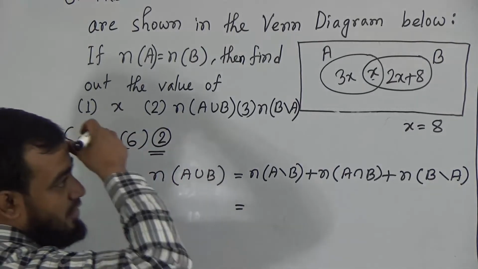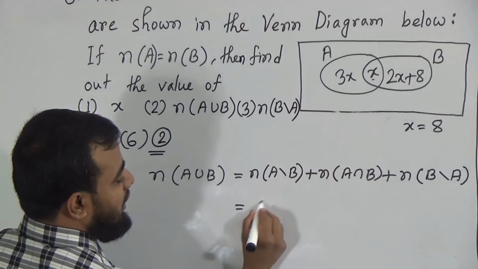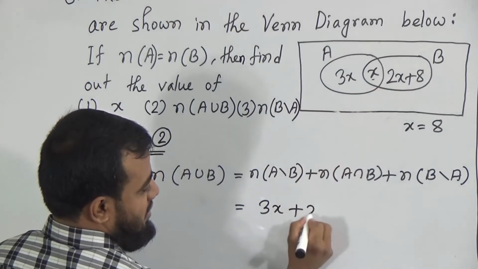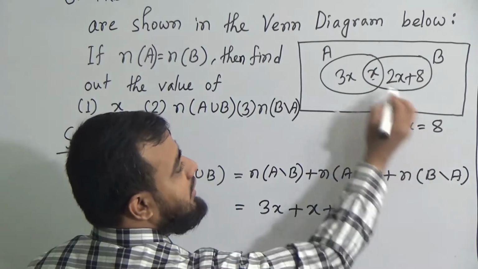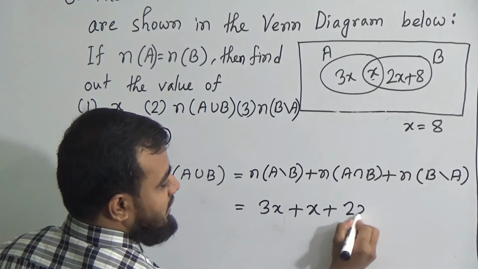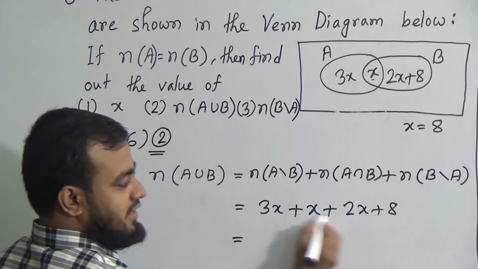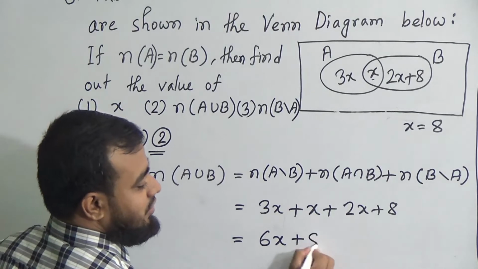And the figure already shows that the number of elements of A delete B equals thrice x, A intersection B equals x, and B delete A equals twice x plus 8. Now add them together, it's thrice x plus x plus twice x, so it will be 6x plus 8 as our constant.